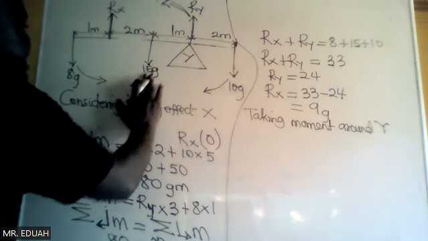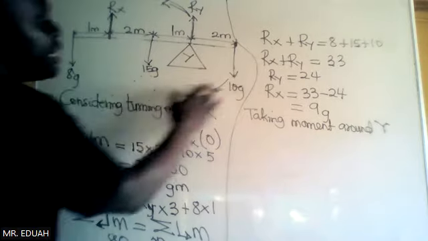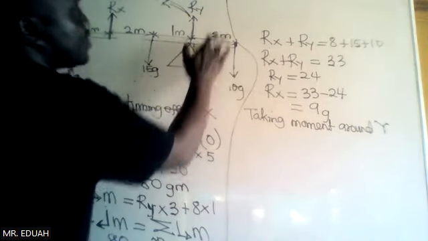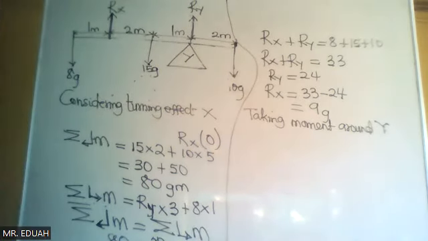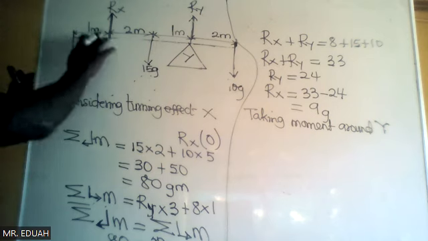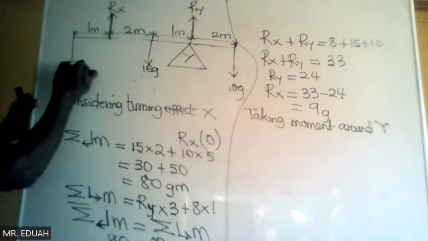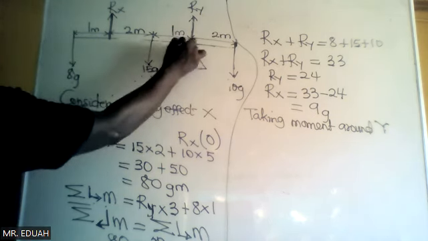In your books, you have to draw and then draw another one. So we are assuming this is not there, so the moment is taken around this one.